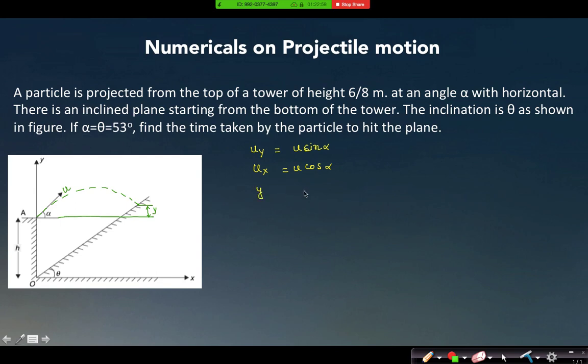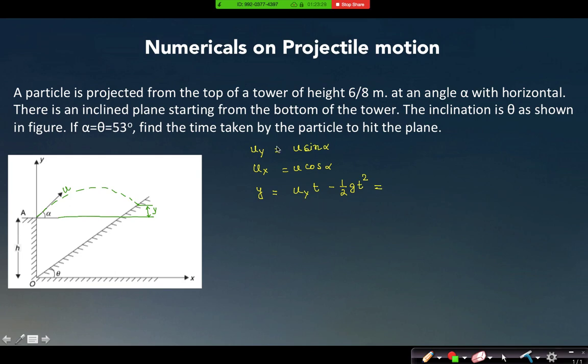Can I write y is equal to uy into t minus half gt square? Yes or no? Everyone should understand this part. That is a very simple equation that I have got: uy into t minus half gt square.